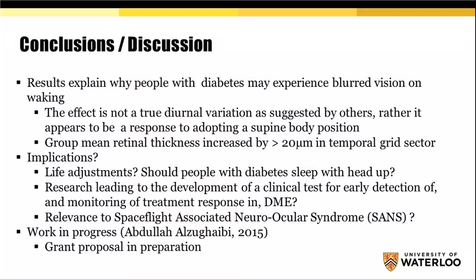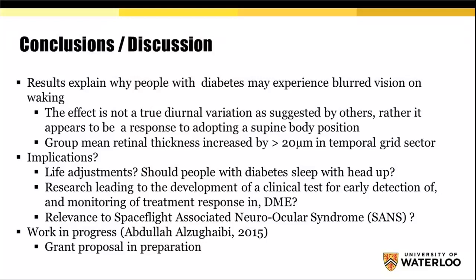Not sure if any of you are aware of spaceflight associated neuro-ocular syndrome, but the astronauts on the International Space Station, if they're up there for long enough, are developing a form of neuropathy or atrophy of the visual fibers that course from the eye to the brain.